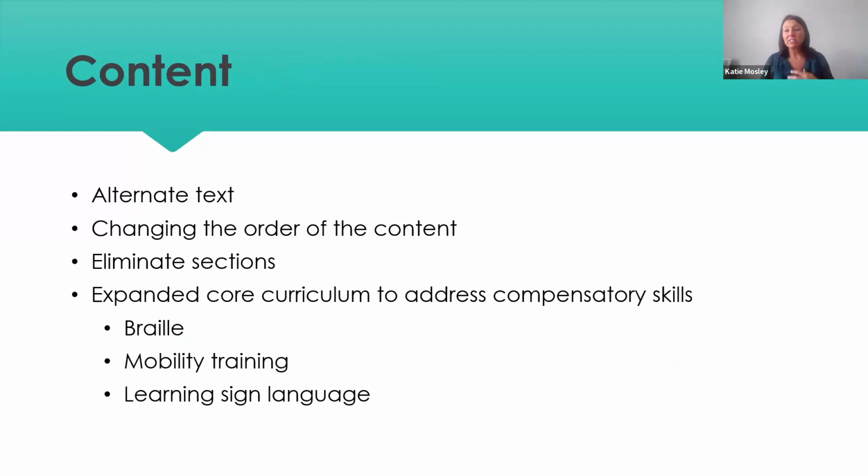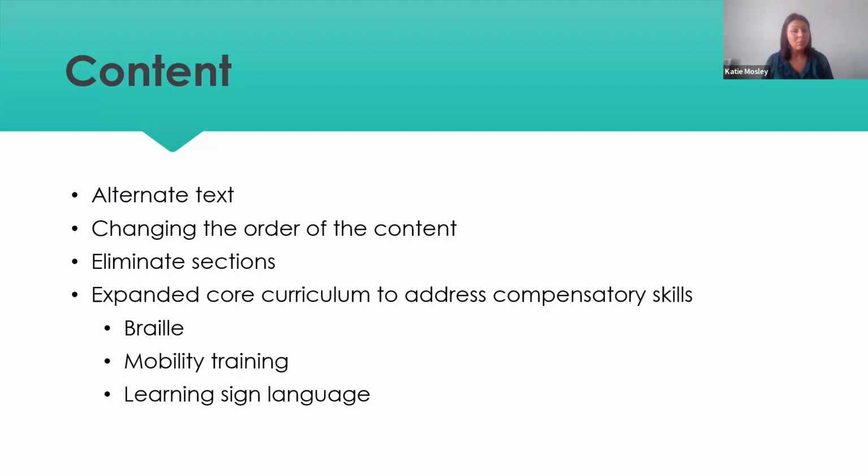So if we have sections of text that aren't as important as the other material, maybe they're just added extra information, but not parts of standards, we can look to take some of those sections out. But then we also need to look at expanding that core curriculum to address any compensatory skills that our students may have. For example, Braille.